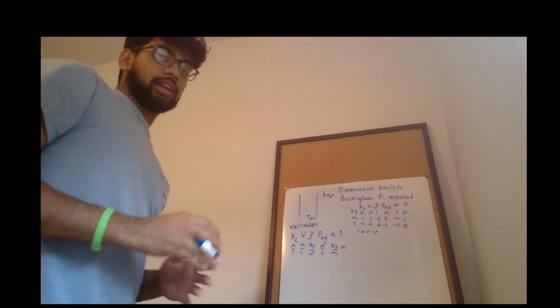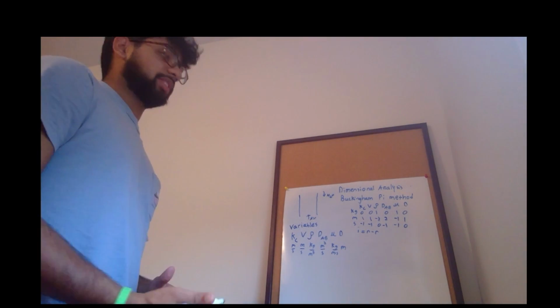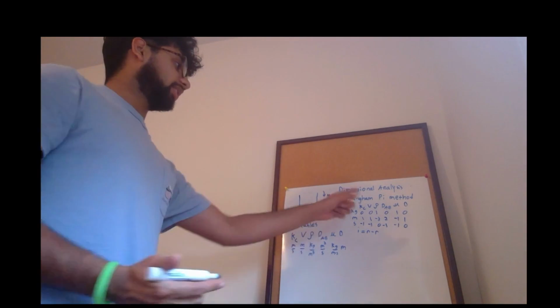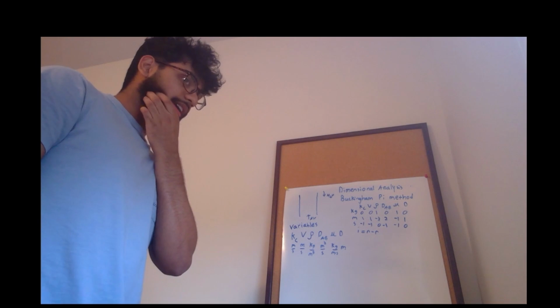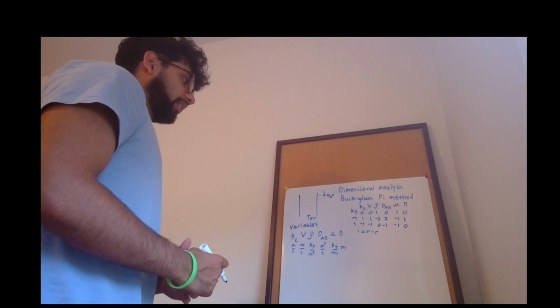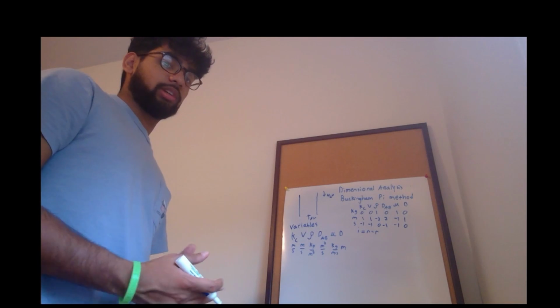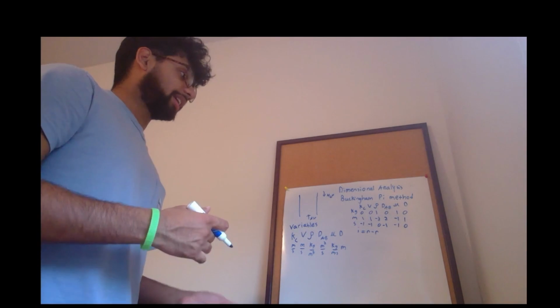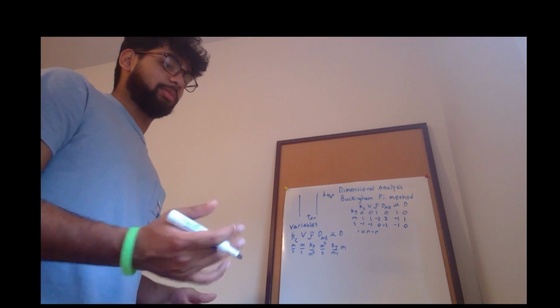To solve for the ranking, I used Python. It was extremely simple. I basically just put this matrix into Python using NumPy, and then I use the ranking function to determine what the ranking is, and ranking is also part of NumPy.